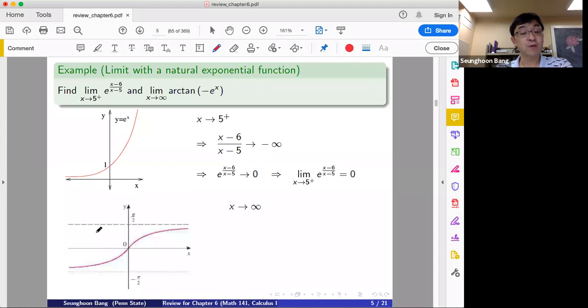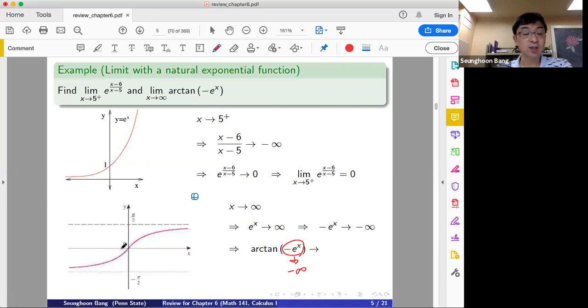X value approaches infinity. What happens to e to the x? Here you can use this graph. As the x value approaches positive infinity, e to the x is going to positive infinity. What happens with negative one? Just take negative on both sides, minus infinity. So what happens to arctangent here? The inside one approaches negative infinity.